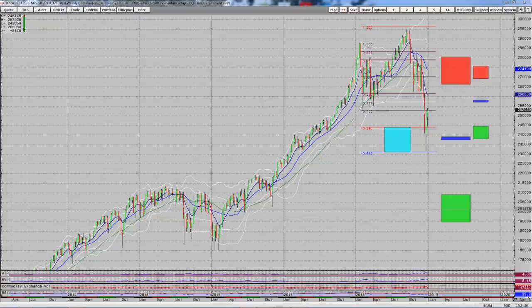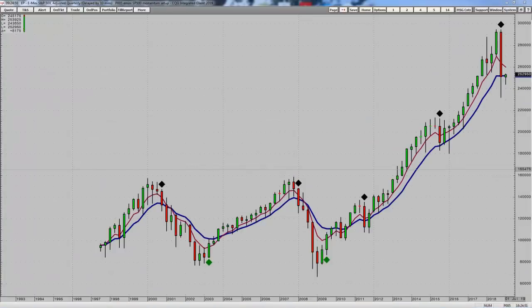So if I just show you quickly the very long-term chart. This is the quarterly chart of the E-mini S&P 500, and this goes back to 1997, so we've got 20 years of data. Here I've programmed in when we get the buy and sell pivots.